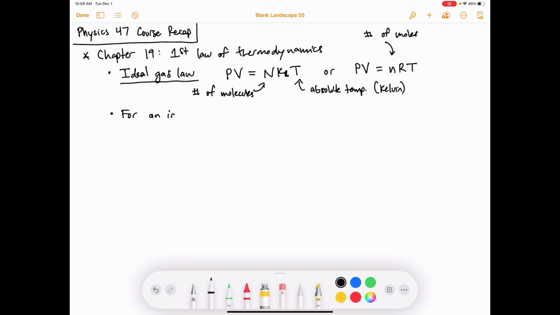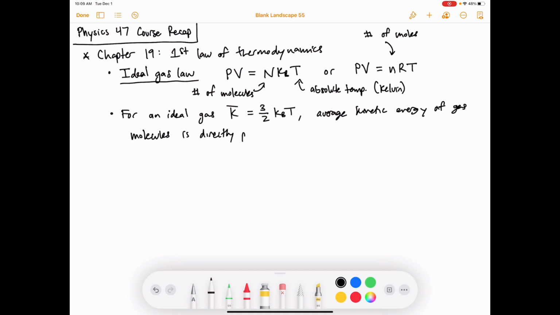So for an ideal gas, what we found is K bar is equal to 3/2 times Kb times T. And what this is saying conceptually is that the average kinetic energy of the gas molecules, okay, that's what K bar is on the left side of the equation, is directly proportional to the temperature.